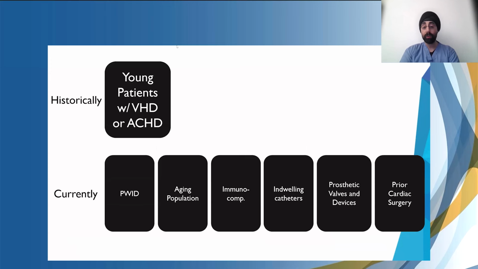So there's a whole host of reasons why patients may develop endocarditis, different reasons why we may need to intervene, and also different patient populations. It may not just be the young patient anymore. It may be older patients, or patients who are of prohibitive risk for cardiac surgery, so to speak.